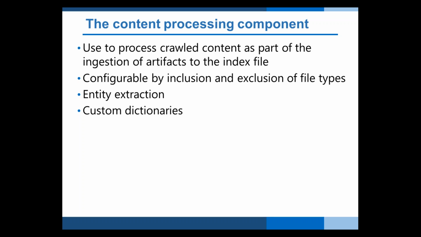We do have the ability to include or exclude different file types here. We can do custom entity extraction, which is a list of keywords that are found during the search process and identified as a certain value, such as a company name. These custom dictionaries are set up through Managed Meta Web Services, which is an additional service application that's a requirement of search.